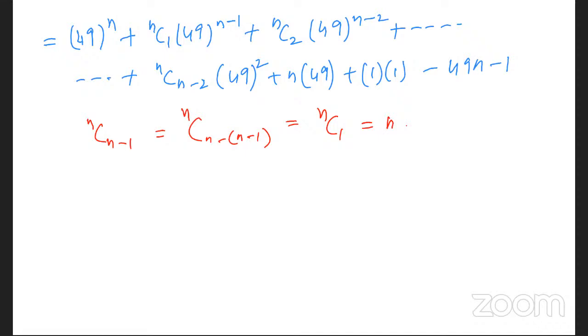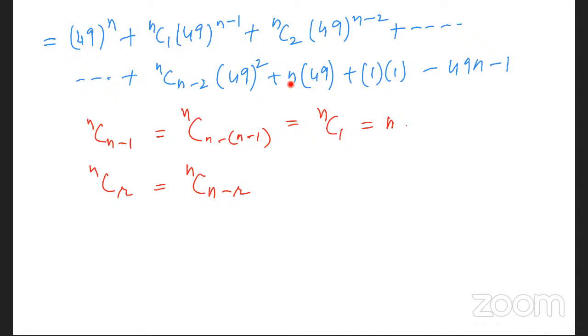So we have used the formula nCr is equals to nC(n minus r). Based on this formula, we have got nC(n minus 1) is equals to n.